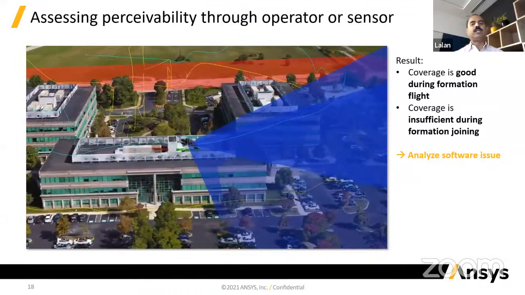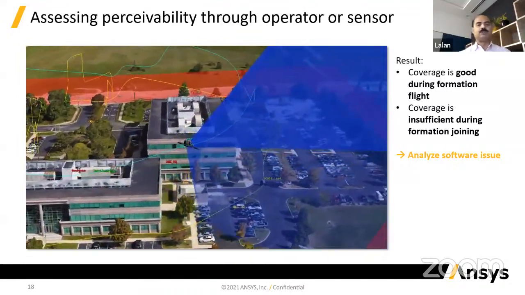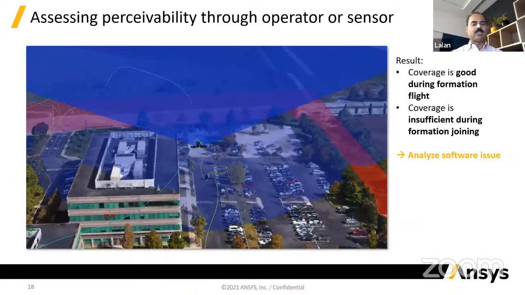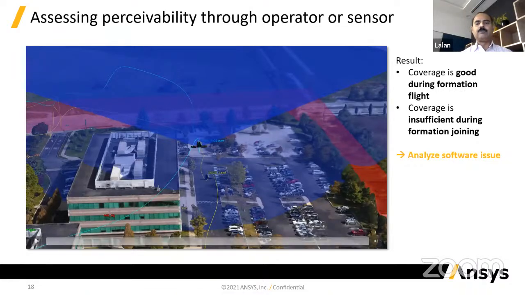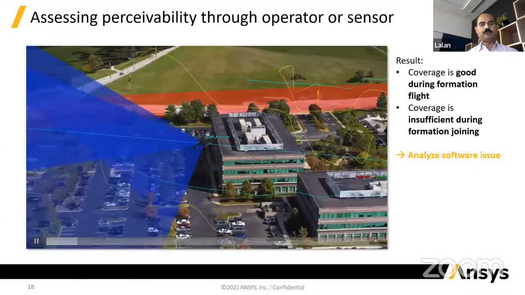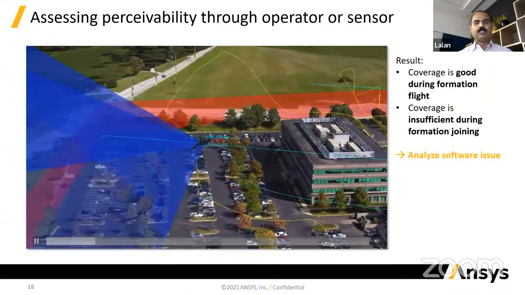But now we are able to provide at least good coverage during the formation flight. Until the formation there is some lag during the initial stage, but otherwise it's giving proper coverage after the formation flight.